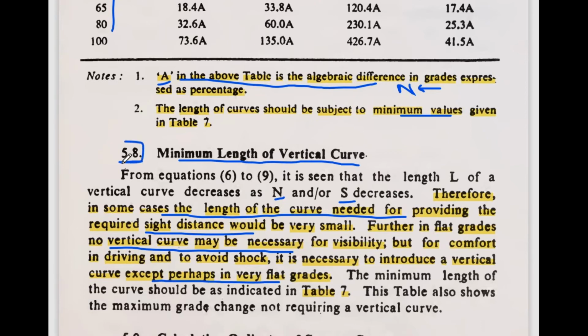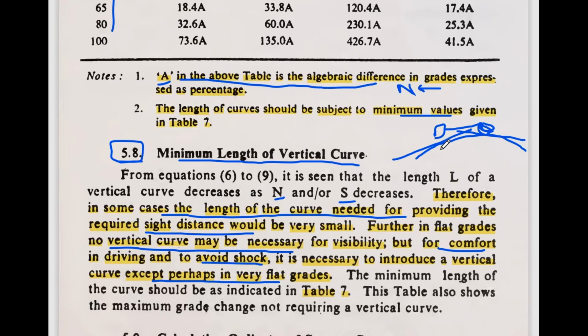So this 5.8 talks about the minimum length of curve. Even if our two grades are very flat and there is no need for a vertical curve, and we can directly get the enough sight distance that we want, still we need to provide a curve. For what? We need to provide a curve for comfort and to avoid shock.